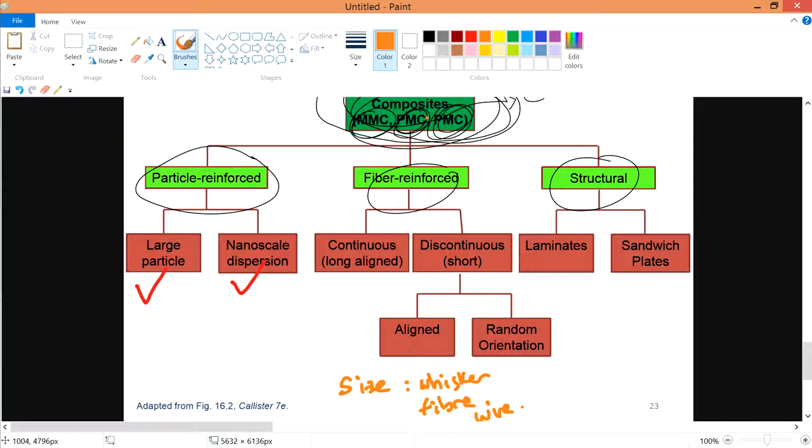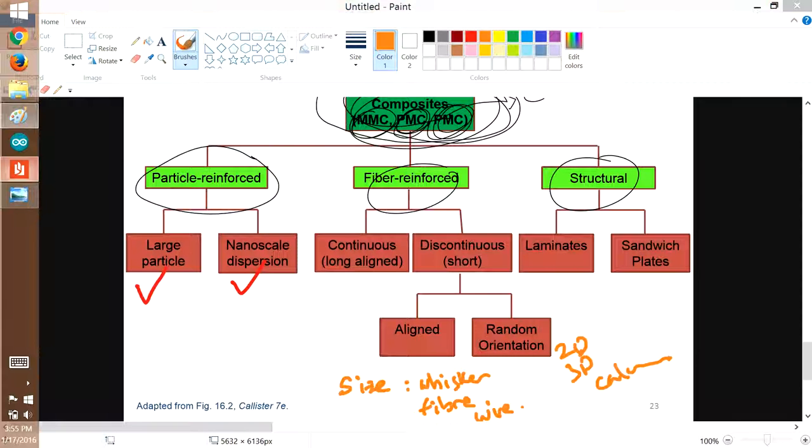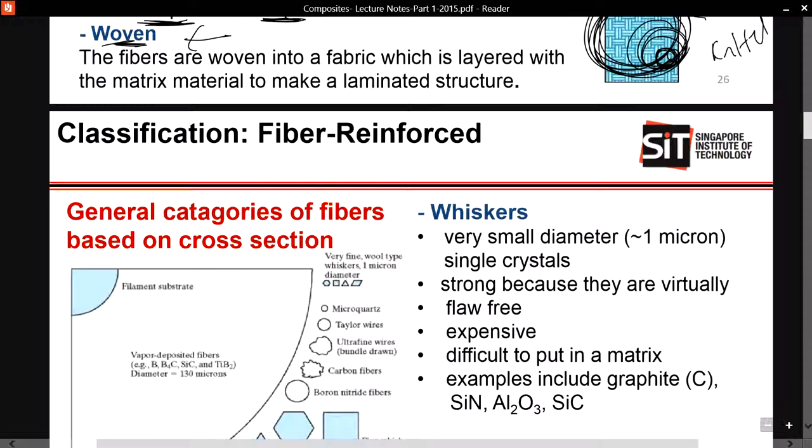Just to say, you can remember this: continuous, short, or whatever, random orientation, 2D or 3D, or there will be calculations also. You also need to know that for fiber reinforcement, you are talking about the size of the fiber, whether it is a whisker, fiber, or wire, what the size is and things like that, which you can easily assess from this cross-sectional diagram.